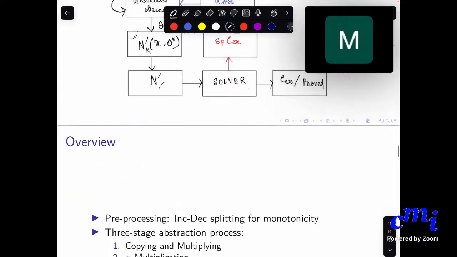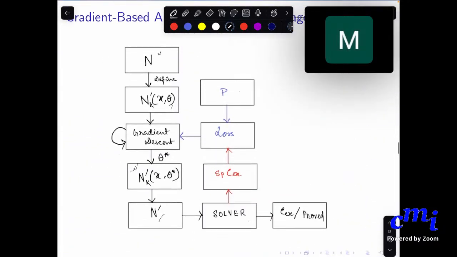Yeah, but one question that I have, even if not now, I want an answer. The way that you've shown the flow chart, you always get either proved or counter example. Why should that be the case? Can it not end up saying, I'm not able to find such an N star? So when I'm saying it, this is the output of the solver, not how we are abstracting, the algorithm of abstraction.